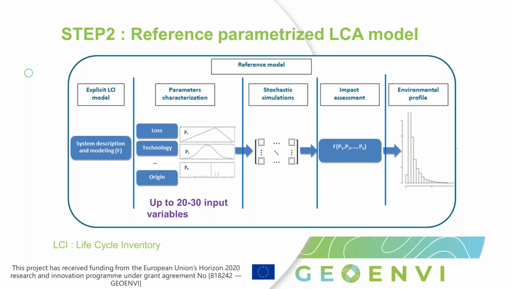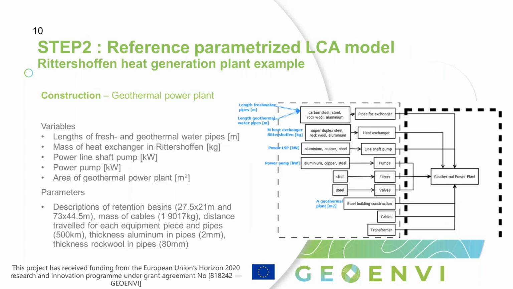Go through a stochastic simulation, generate your impact results, and generate your environmental profile. So this is going to be the reference set for your simplified model. As an example here, for the Rittershofen heat generation plant, you have a graph showing in blue the input variables we have defined for the construction part.